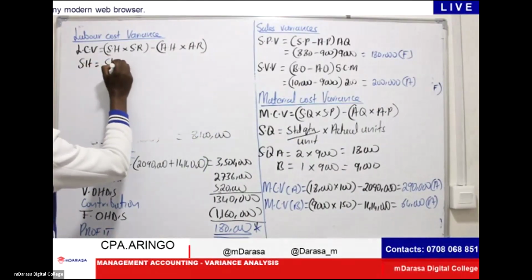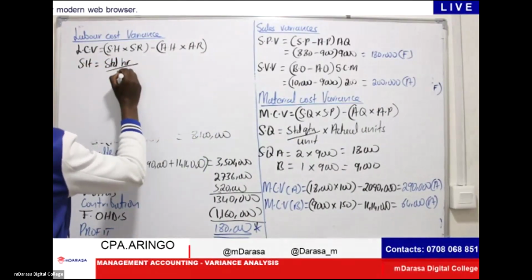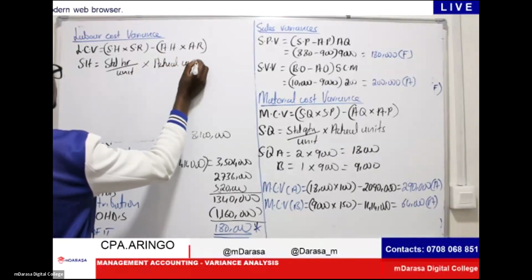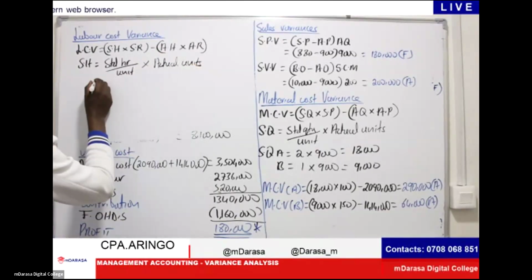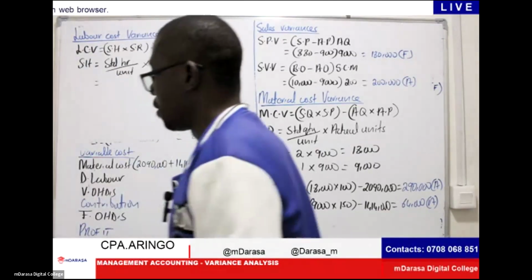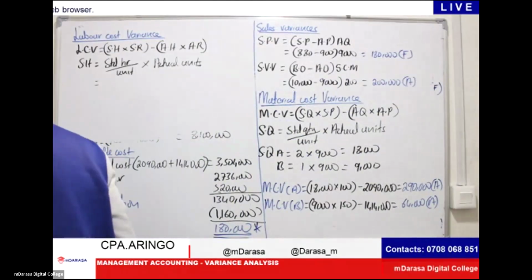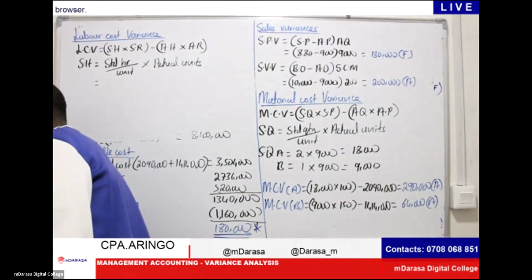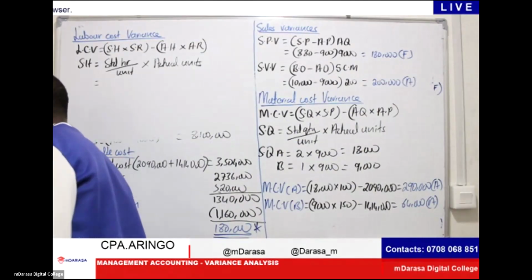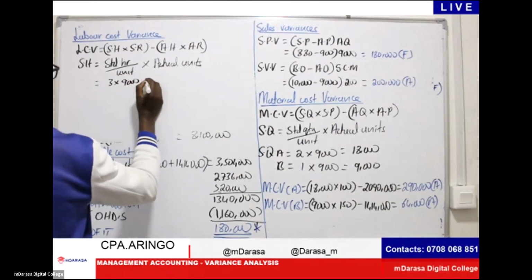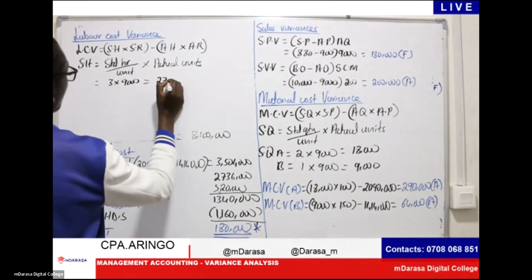You know very well you need to determine your standard hour per unit times your actual units. If we check our standard hour per unit for direct labor, we're given 3 hours. So you take your 3 hours times the actual units, which we had as 9,000. This gives us 27,000.